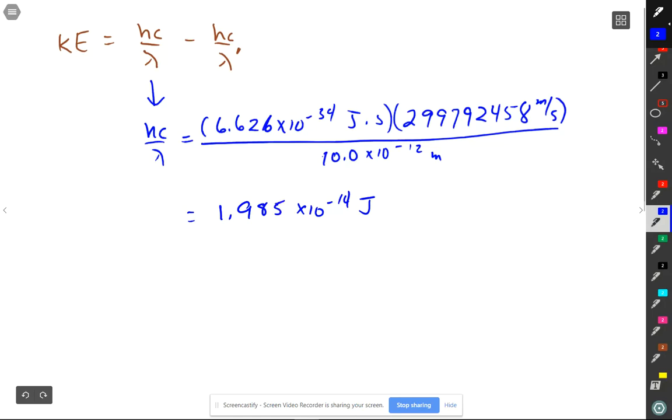Okay. Now for the second one, I need to use the Compton scattering equation to find what lambda prime is. So I have my Compton scattering equation. Well, it's written like this, first of all.